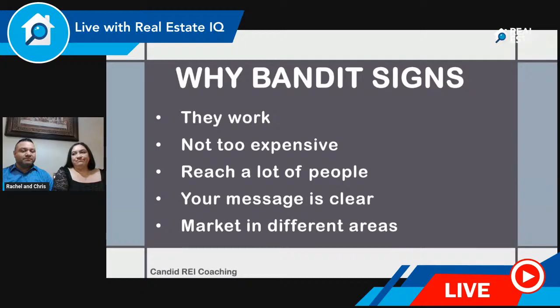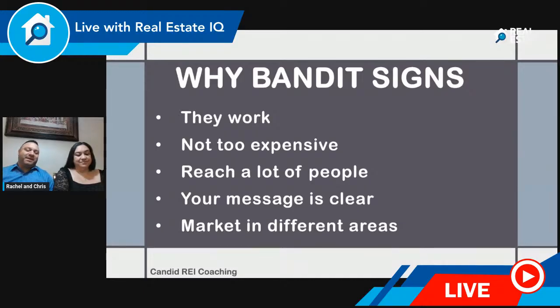You could say, we buy houses, and somebody thinks, oh, they have a house to sell to me. We'll go into that a little bit later on, but your message is clear. You reach a lot of people. You can give several messages with one message, and you can market in so many different areas. So we love bandit signs.